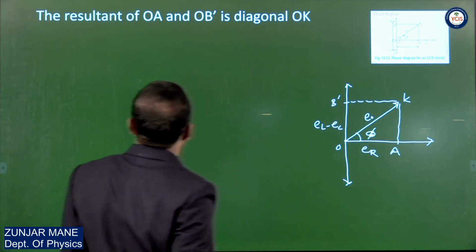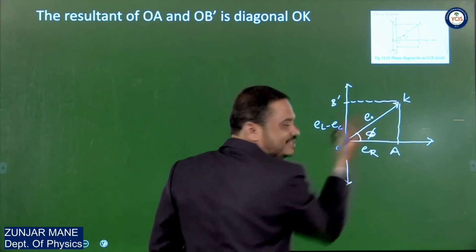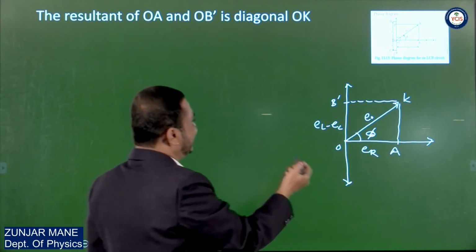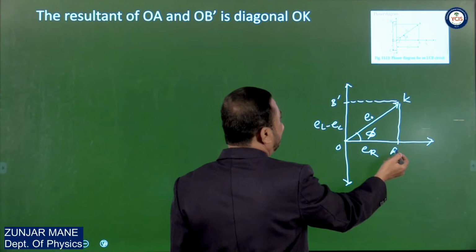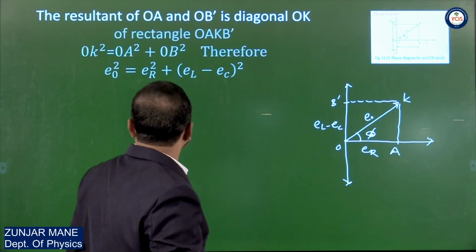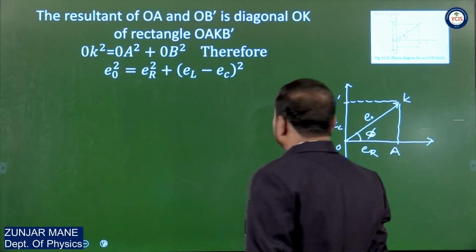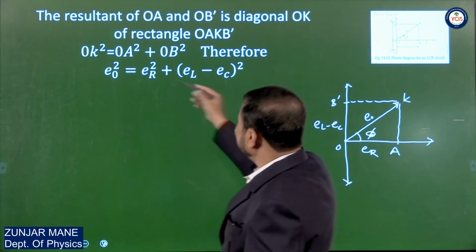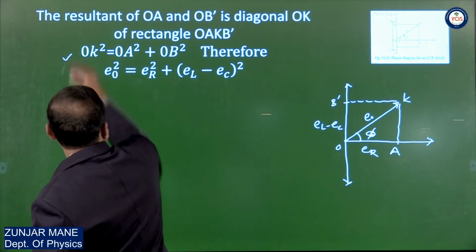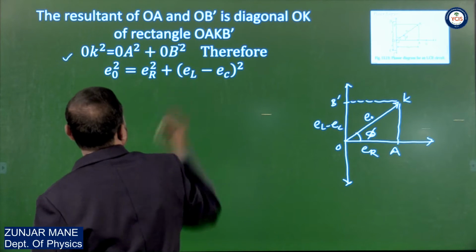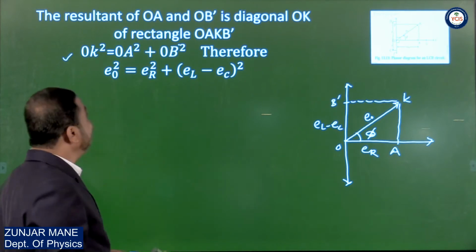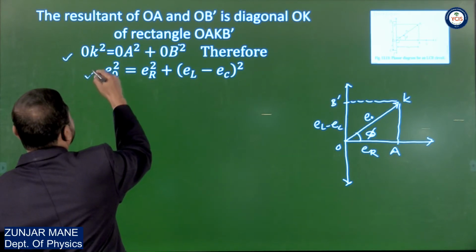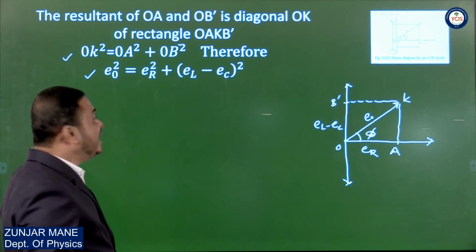Now from this figure, OK is the diagonal, and it is the resultant of OA and OB dash. So we have OK square equal to OA square plus OB dash square. So we have E0 square equal to ER square.